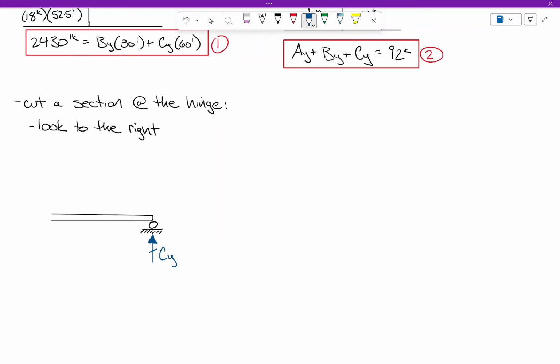Now I have a distributed load like that, and it is 1.2 kips per foot.